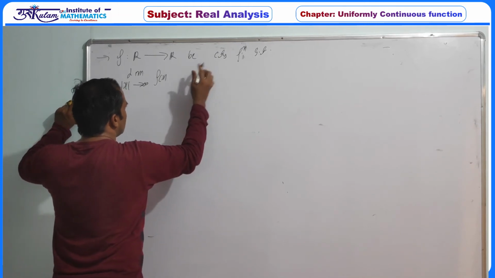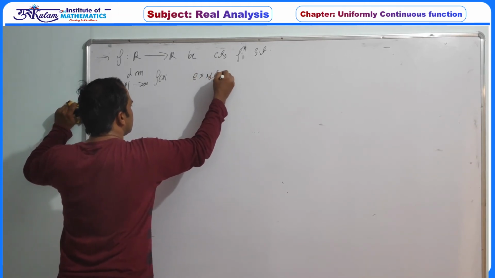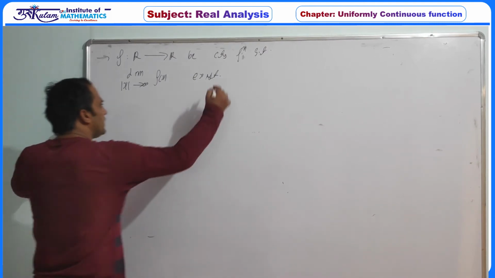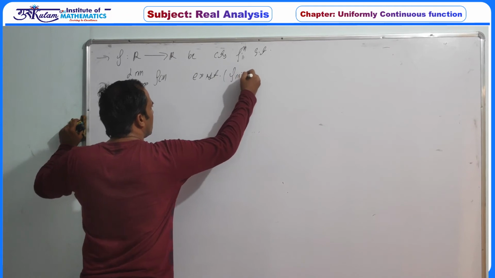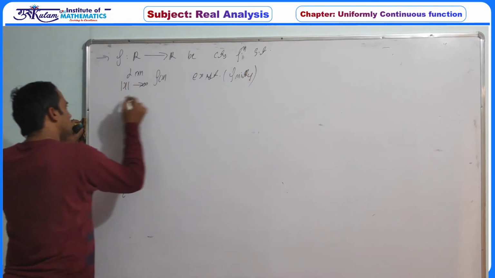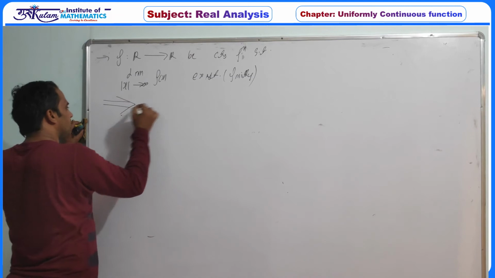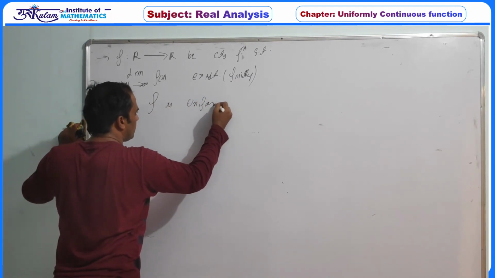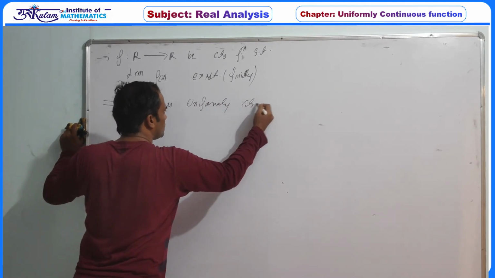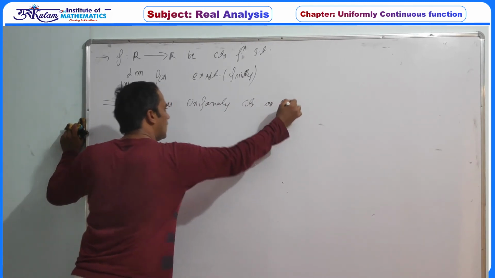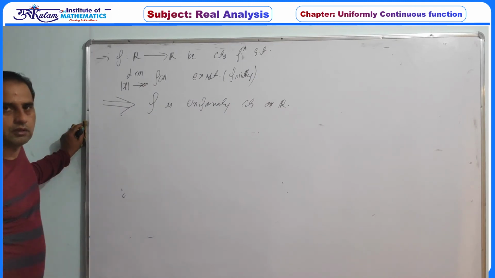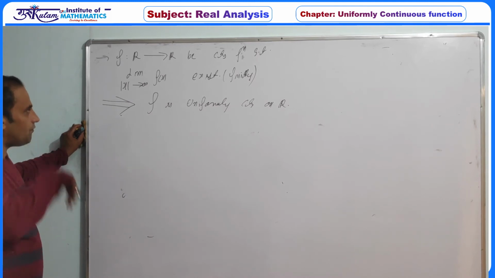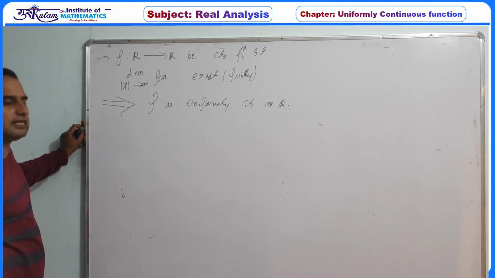That is, as x tends to infinity and as x tends to minus infinity, both limits exist finitely. So this always implies f is a uniformly continuous function on the whole real line R.